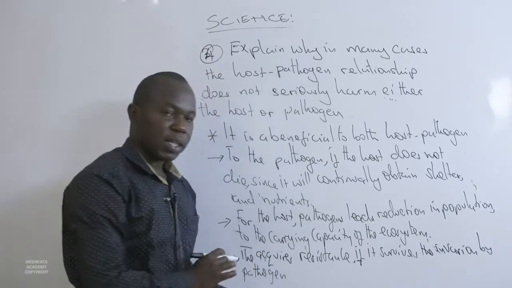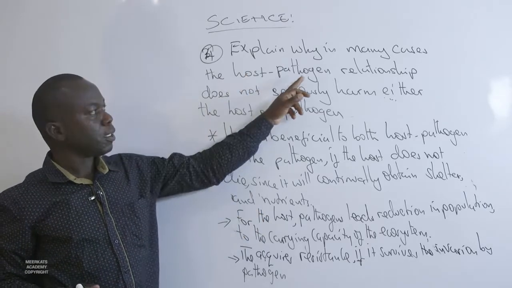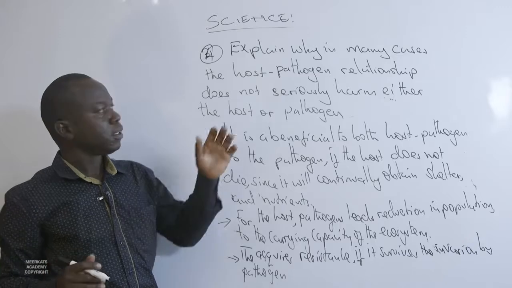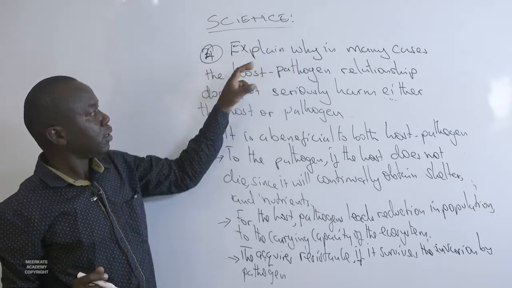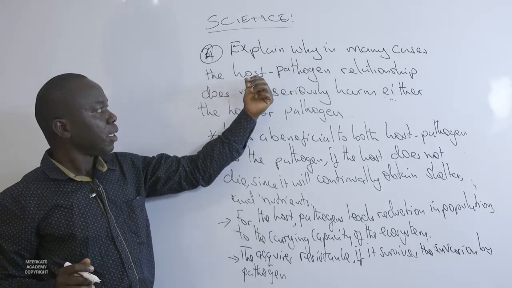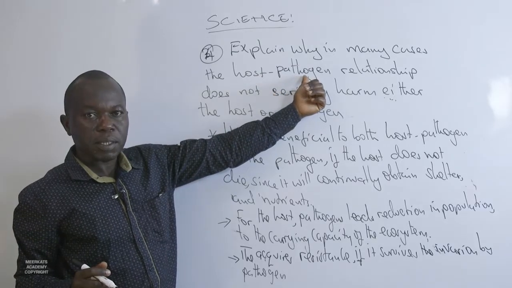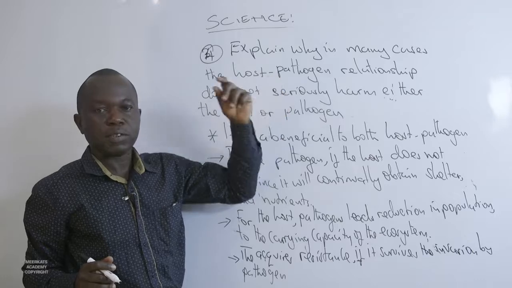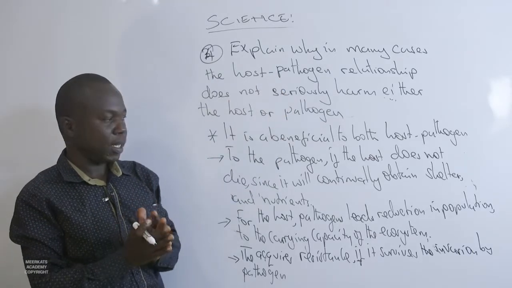Now, because of these three concepts, it creates a balance between the host and pathogen, such that we still have pathogens that are important for ecological balance, that is, balancing the population of the host. But as the host also dies, it also goes together with the pathogens, unless they are transmitted to another host. So there is a balance.